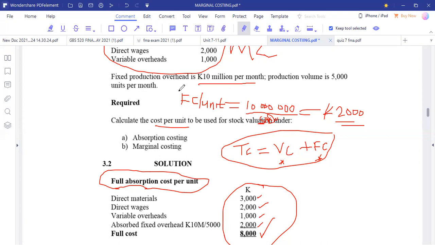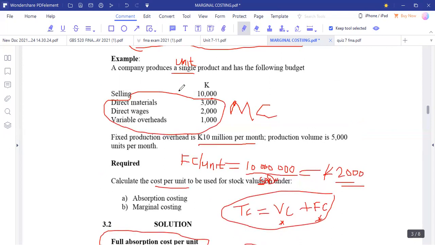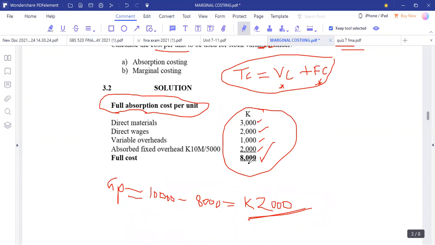All right. So now, because we're looking at the total product cost per unit, we aggregated the direct materials, the direct wages, the variable overheads, and then incorporated the fixed cost per unit of 2,000 to find the full product cost, which was 8,000. So to get the gross profit, we had to say 10,000 minus 8,000.